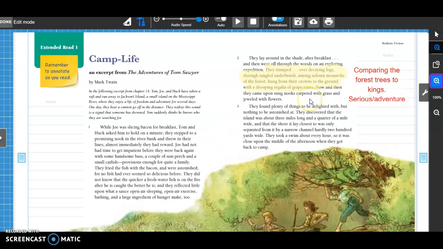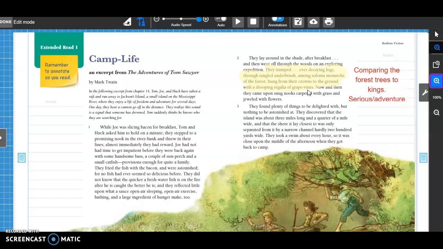All right, so I already kind of did the first one for us. I read aloud paragraph 2 and highlighted this part right here where it starts to say, they tramped over decaying logs through tangled underbrush among the solemn monarchs of the forest, hung from their crowns to the ground with a drooping, someone I know is going to correct me on that, but that's okay, of grapevines.